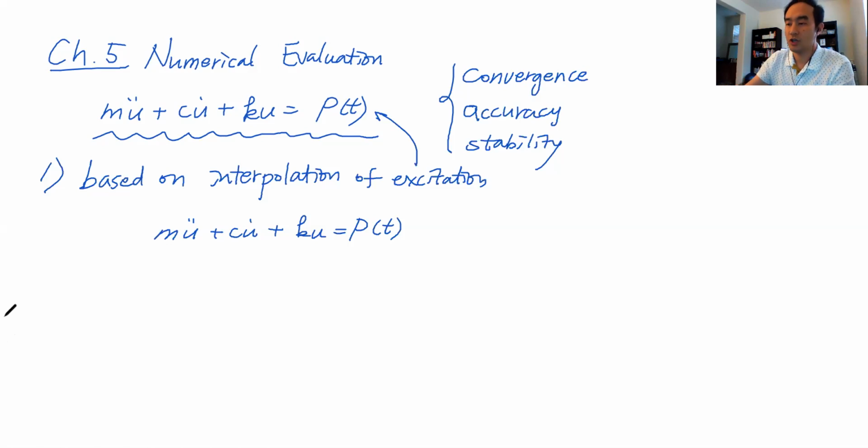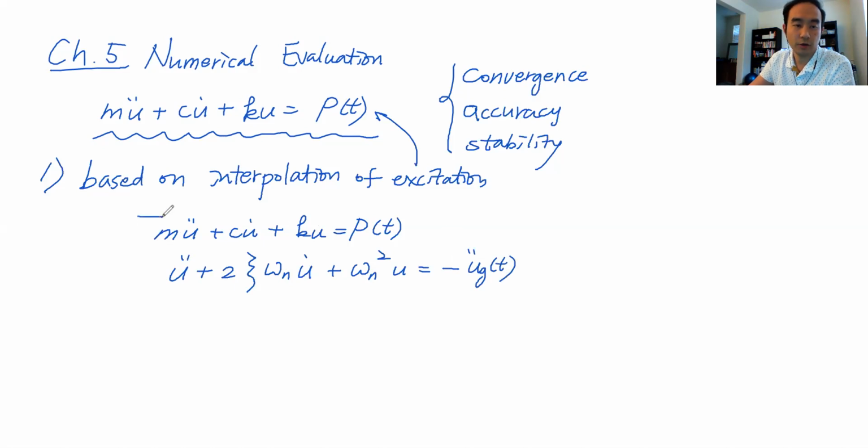Then we can change our equation into u double dot plus 2 times psi, the damping ratio, and omega n, that's the natural frequency, u dot, plus omega n squared, which is k over m, times u, which is equal to negative u double dot g of t. These two equations are identical, but in a slightly different expression.